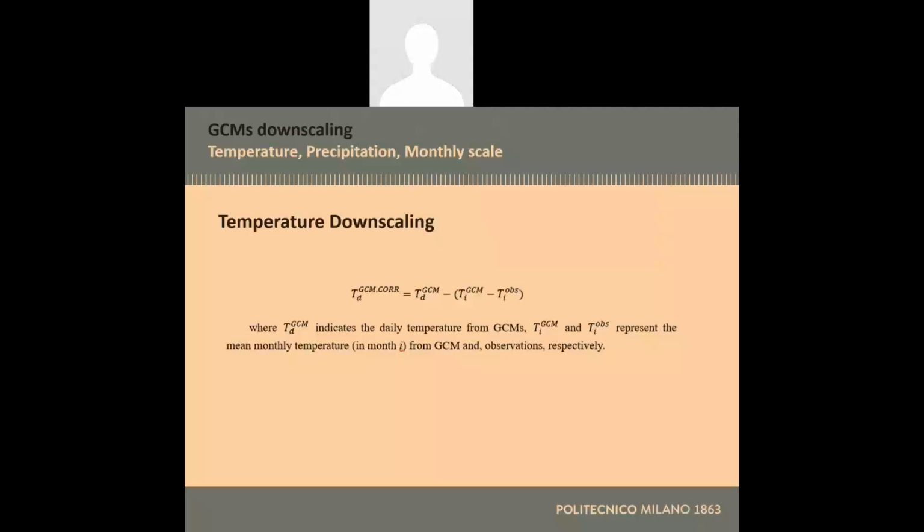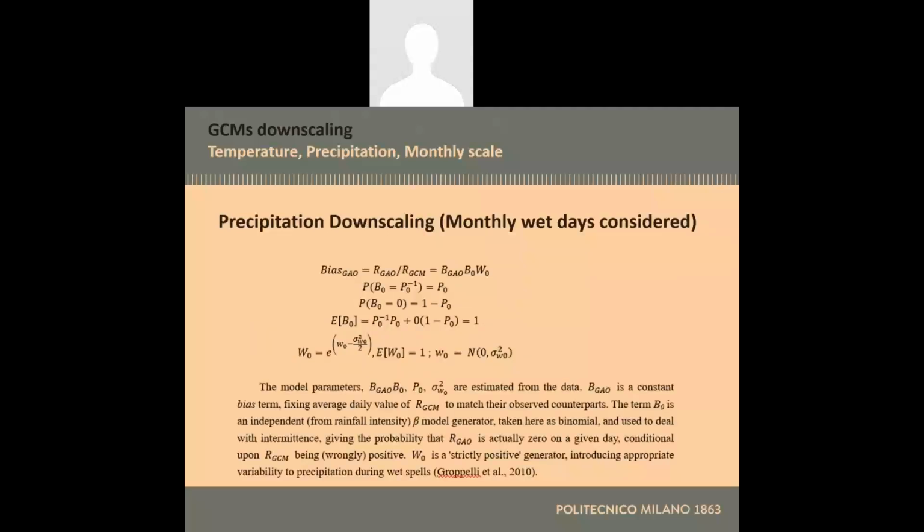And for precipitation, this one is the relative error of the precipitation. The closer to one, that means they have a smaller difference compared to the observation data.